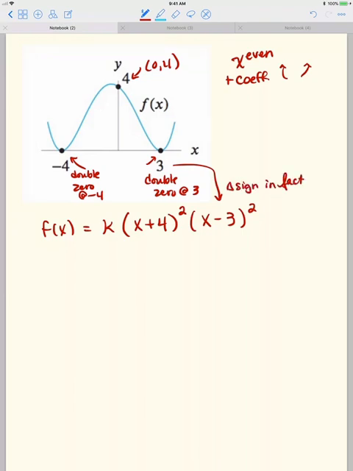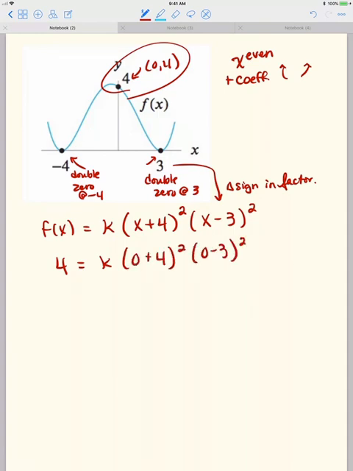in the factored form. Then I'll use my point, 0, 4, put 4 in for the function, 0 in for x. I get that that's 16 times 9. Which is 144.